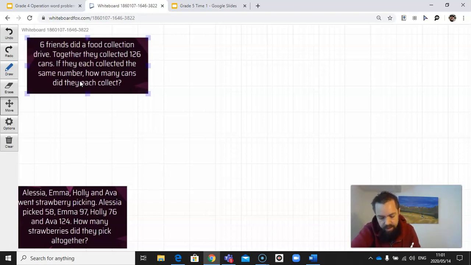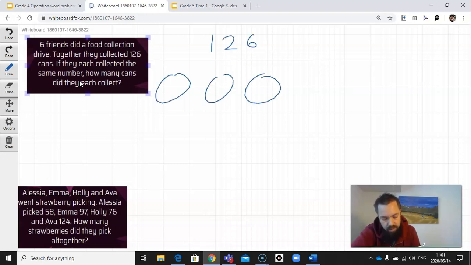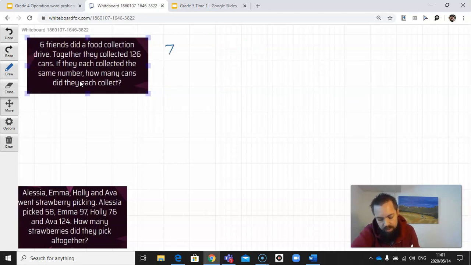If they each collected the same number, how many did they each collect? So again, this is one where we're sharing out. We've got the 126 cans and we're sharing it out into the 6 girls. So that's another one of those division problems. So we're going to say 126 divided by how many friends? There were 6 friends. There's our first mark.